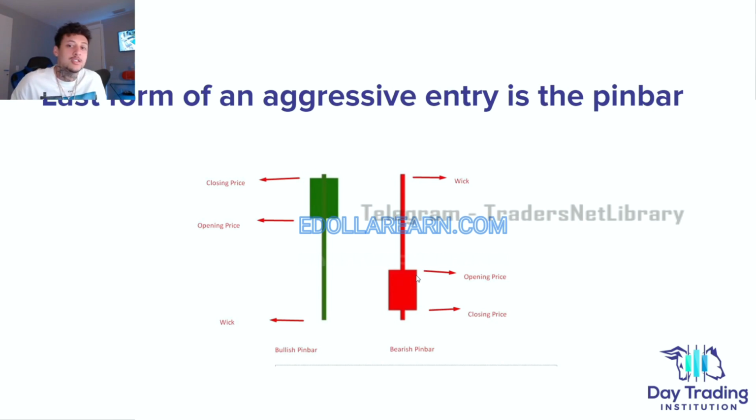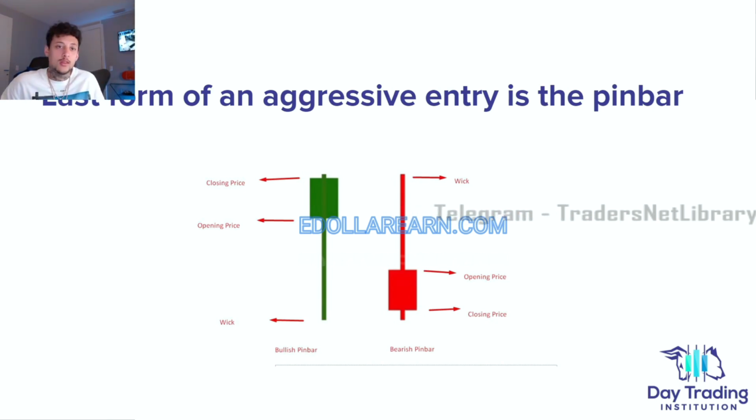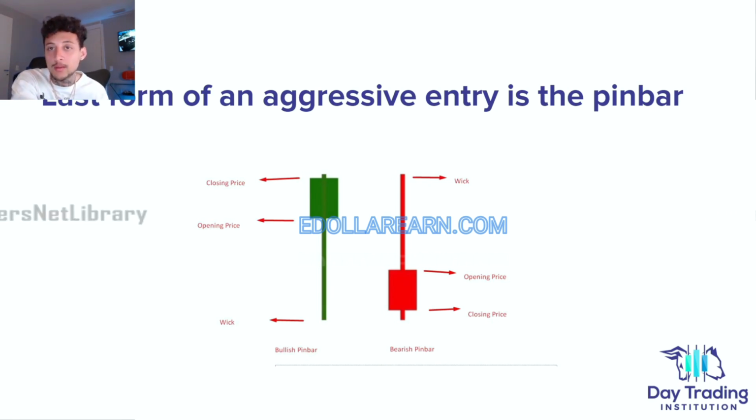I like to call these the in between the aggressive and the conservative form, because you're buying or selling in the same direction as the candlestick closure, unlike the true aggressive entry where you're buying or selling with the opposite candle. That would be selling with a bullish candle and buying with a bearish candle. So the pin bar is kind of right in the middle here.